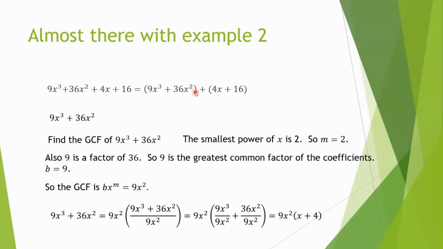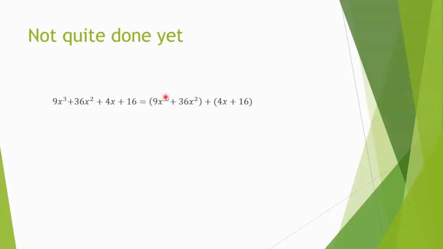Now that's for the first group. For the second group, we have 4x plus 16, and we want to factor that.